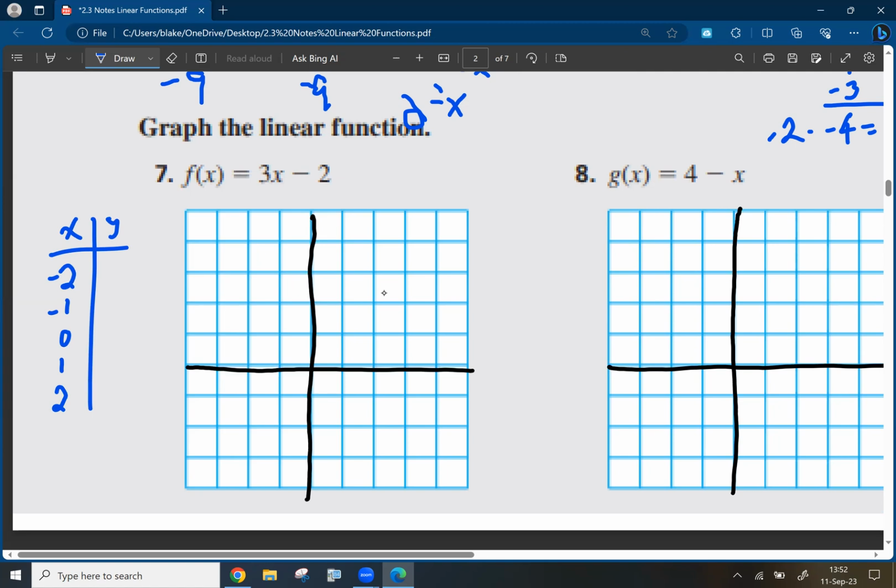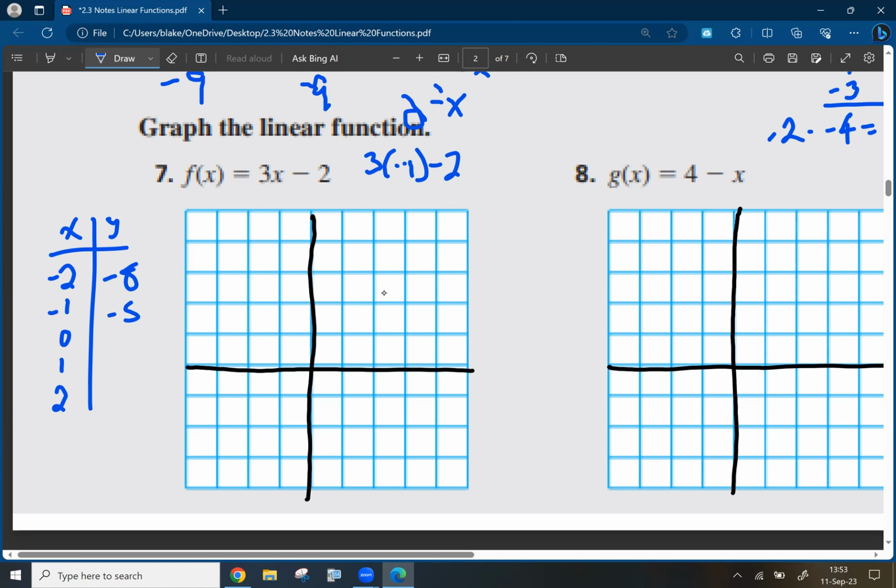So if I plug in -2, we have 3 times -2 minus 2. This would be -6 minus 2. Already getting ahead of myself. -6 minus 2 is -8. So -2, -8. If we plug in -1, 3 times -1 is -3, minus 2 would be -5.